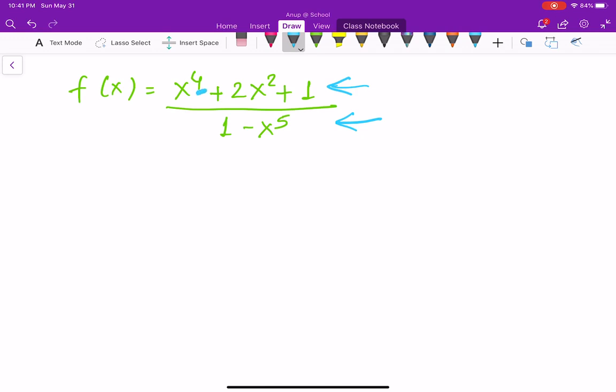You can see here it is 4 on the numerator, that is the degree of the numerator polynomial. The degree of the denominator is 5. So 4 is less than 5. In that case, what will happen? Then y equal to 0 is the horizontal asymptote. So if the degree of the numerator is less than the degree of the denominator, then y equal to 0 is the horizontal asymptote.